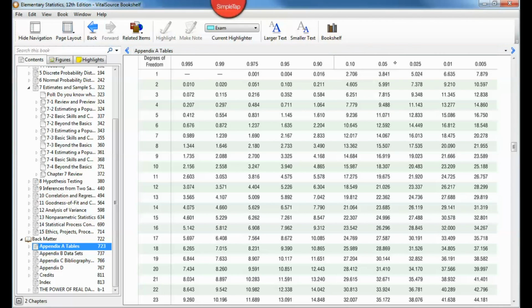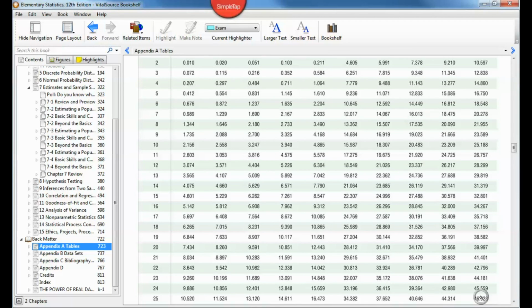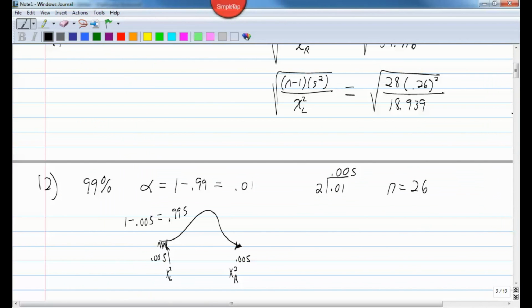Now first, let me figure out which column I need to be in. My right critical value, I said we needed an area of 0.005 to the right. So if I go down to 25, you can see my right critical value is going to be 46.928. So this value right here is going to be 46.928.